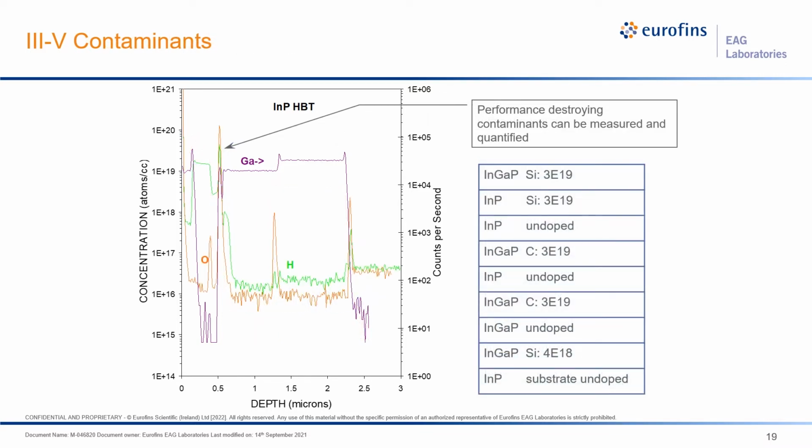We can also look at other impurities in the structure like oxygen and hydrogen, since the vast majority of compound semiconductors are deposited using metallo-organic compounds or gases. There are abundant carbon and hydrogen impurities. We can see that the growth interruption here put an oxygen spike here as well.